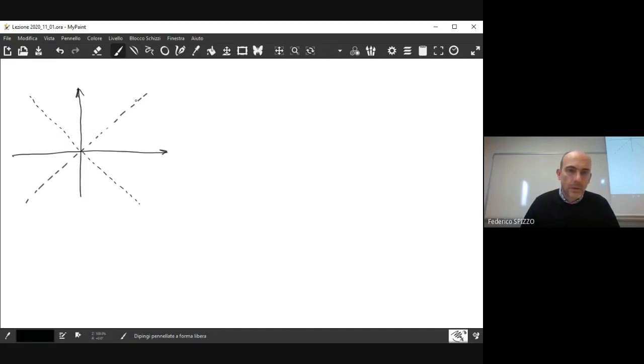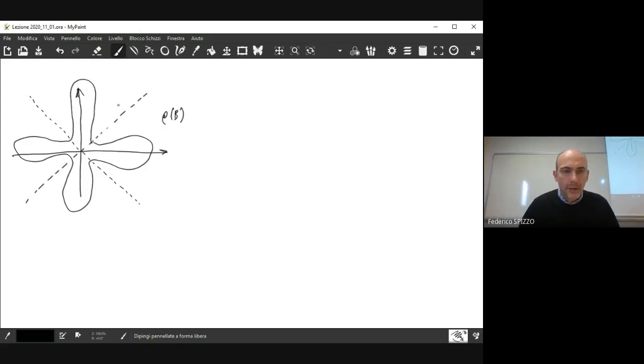Then what you expect to find is that here the resistivity is minimum, then the resistivity increases, then minimum, increases, minimum, increases, minimum. So again, this is a plot of the resistivity of B when the electric field is applied along one direction here in the plane.